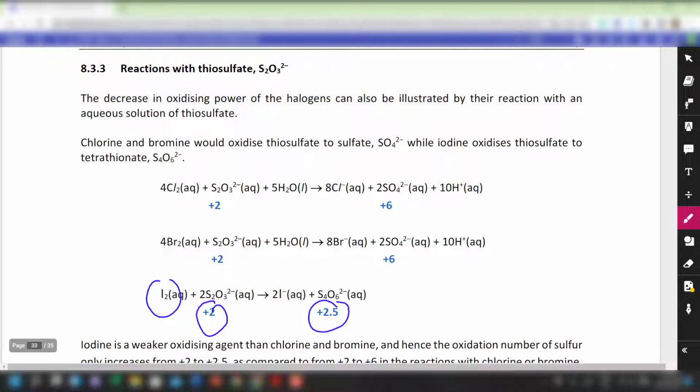Experiments have been performed by scientists, and indeed bromine and chlorine are able to oxidize thiosulfate from +2 oxidation state for sulfur all the way to sulfate, where sulfur takes on its highest possible oxidation state of +6. This showcases that chlorine and bromine are stronger oxidizing agents than iodine.